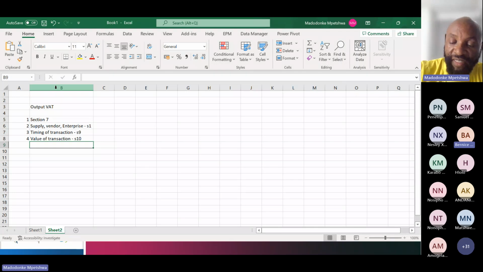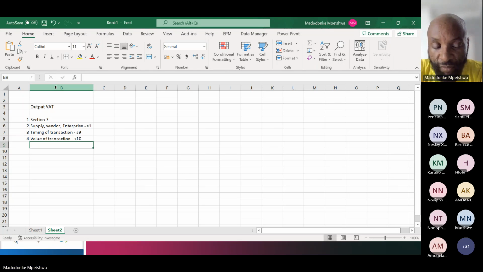Okay, so as you can see, they're saying supply is periodic, payment is periodic. Therefore, the timing of the transaction will happen when the supply is due or when that payment is being made according to the agreement of the periodic supply and the periodic payment for that supply of goods or services.